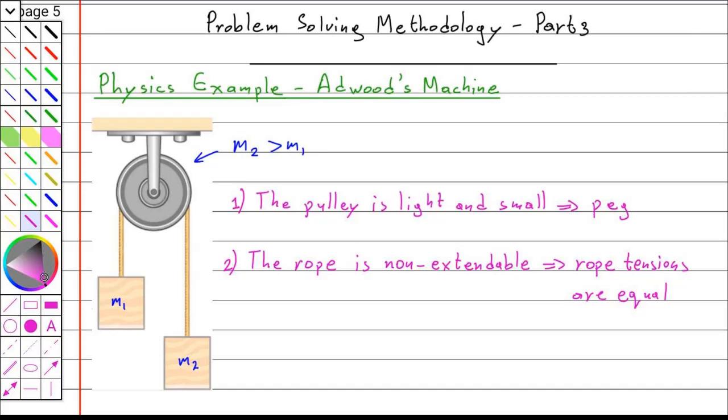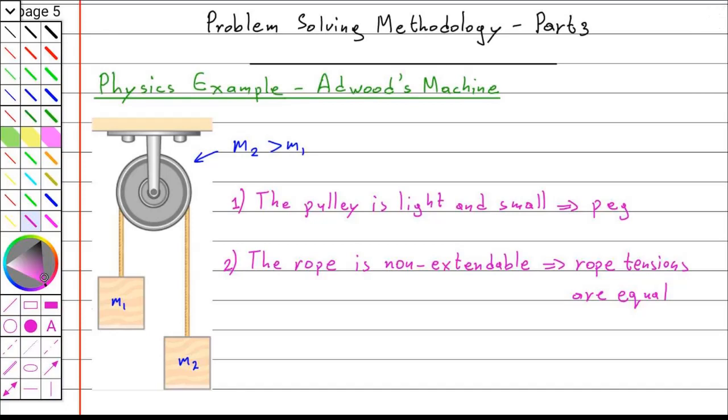In this case, Atwood's machine is a given, and what we are required to calculate is the acceleration of the two masses, so that we can calculate one of these two masses, given that one is known and the other one is unknown.